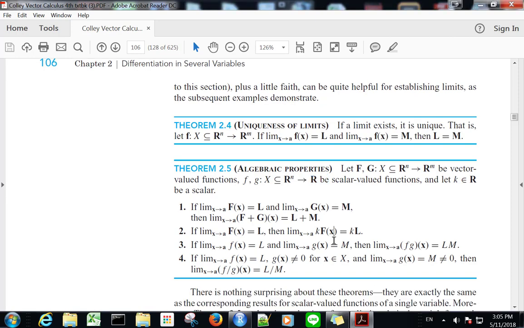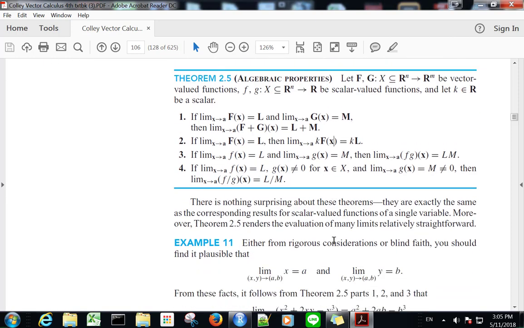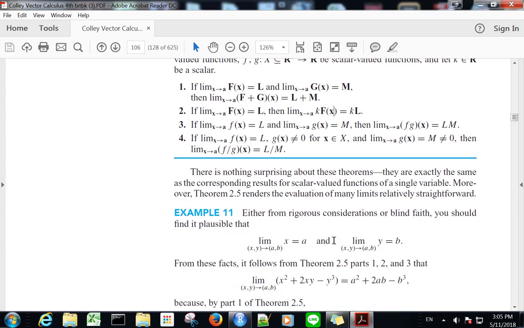Let's see if they give an example of that. Okay, this is kind of strange. Since this is a vector of x, y, we should have both x and y, but this just says x equals a, and this says y equals b. I'm not quite sure what this means.